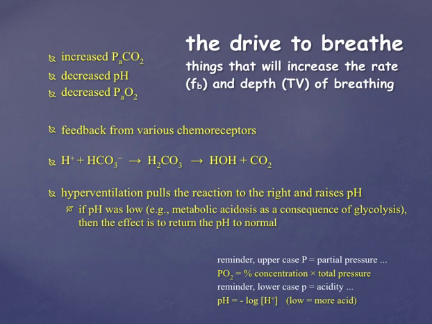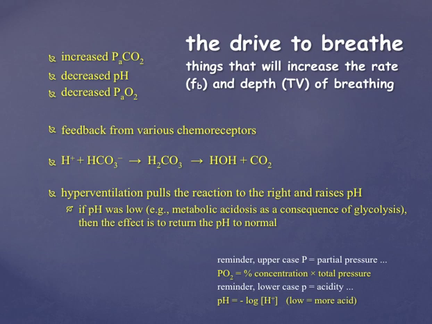And the unique aspect of this buffering system is that this carbonic acid can be broken down into water and carbon dioxide, two harmless products. Harmless in that water is harmless, and carbon dioxide in the blood can be breathed out.